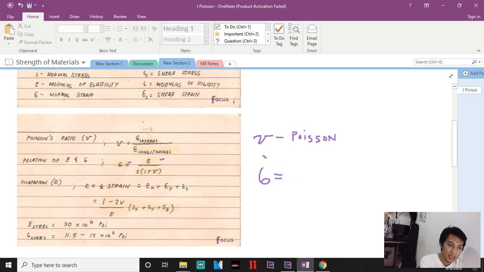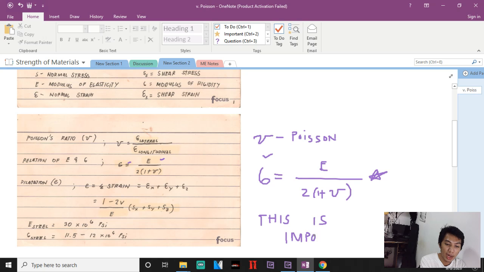Para ma-solve natin si G, kukunin natin si E, i-divide natin to 1 plus Poisson. Ngayon, you have to remember this kasi this is very important. Kailangan nyo sa board exam to. Don't you forget this.